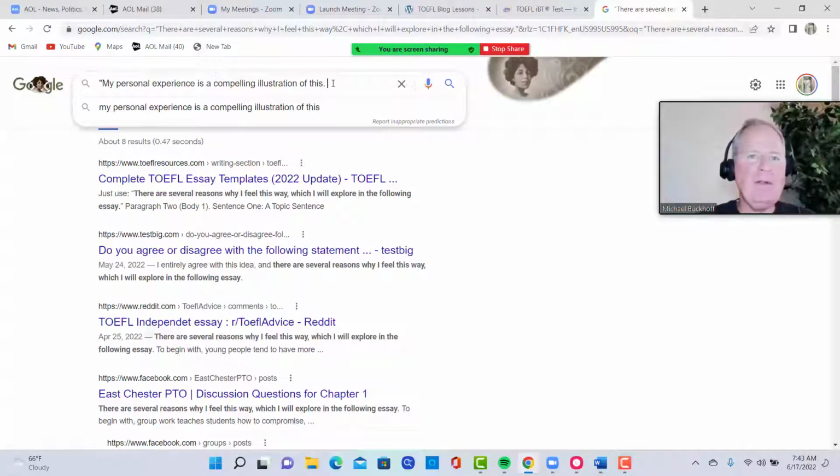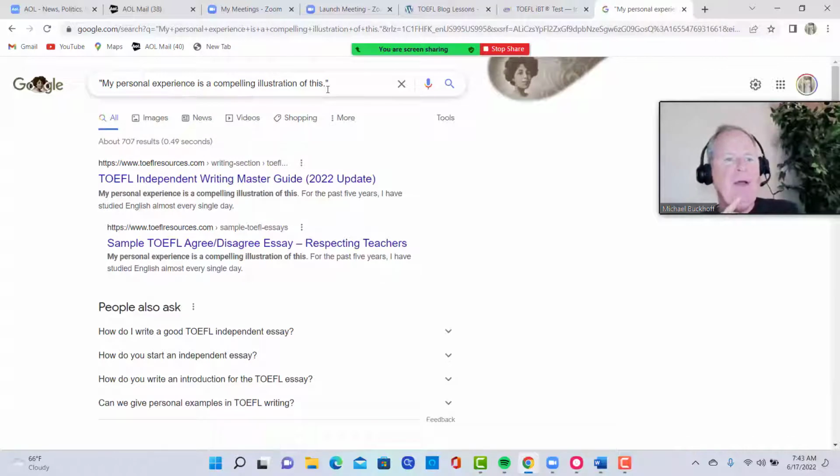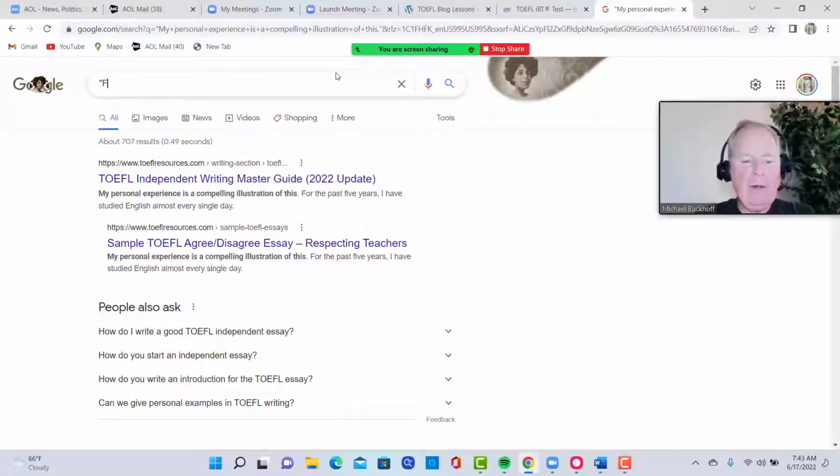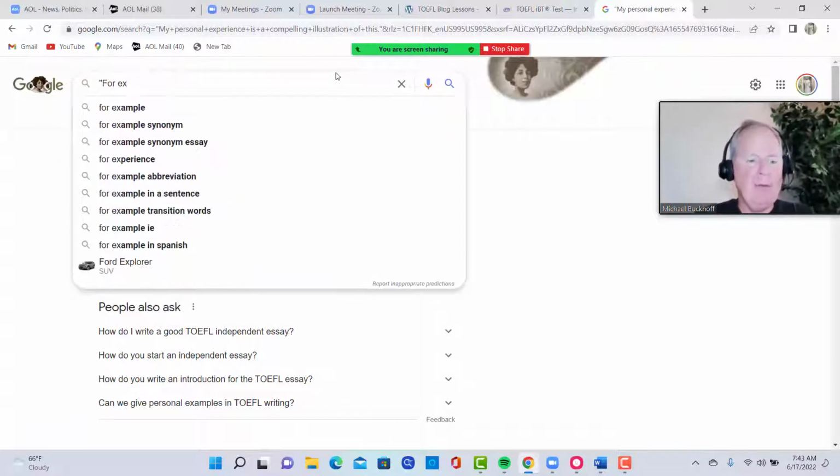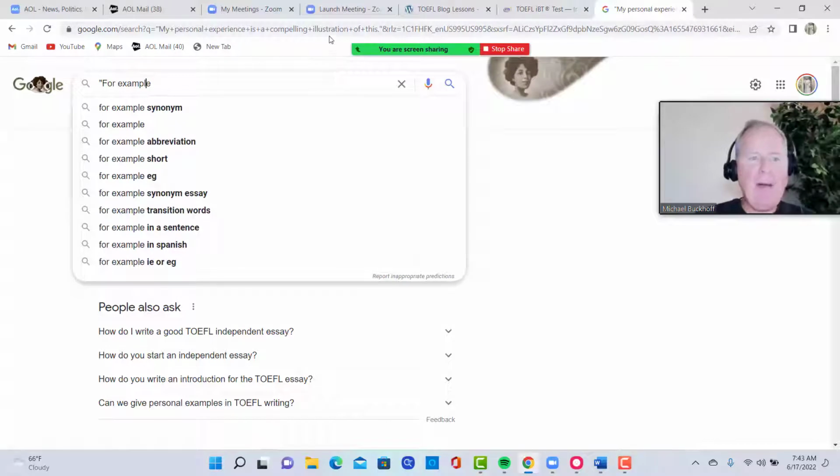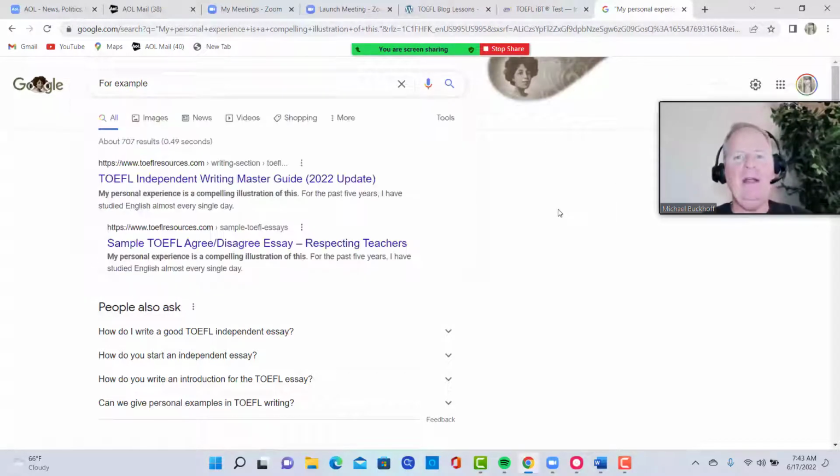And this sentence is really ridiculous. It doesn't do anything. You see what I'm saying? This is exactly from TOEFL Resources. But why use all of that? We can just say, for example. When you say example, that is your personal experience, right? So I don't even think it's needed.